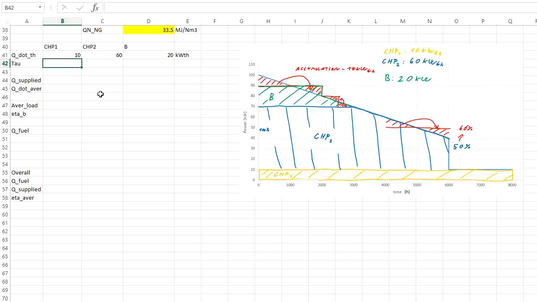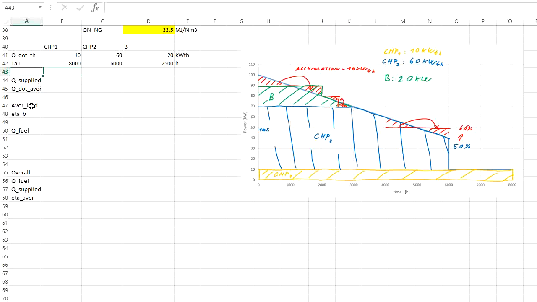The period of operation 8,000 hours. For the CHP2 it was 6,000 hours. And lastly, for the biomass boiler, let's consider the cases with all the accumulations that we have illustrated. So 2,500 hours.